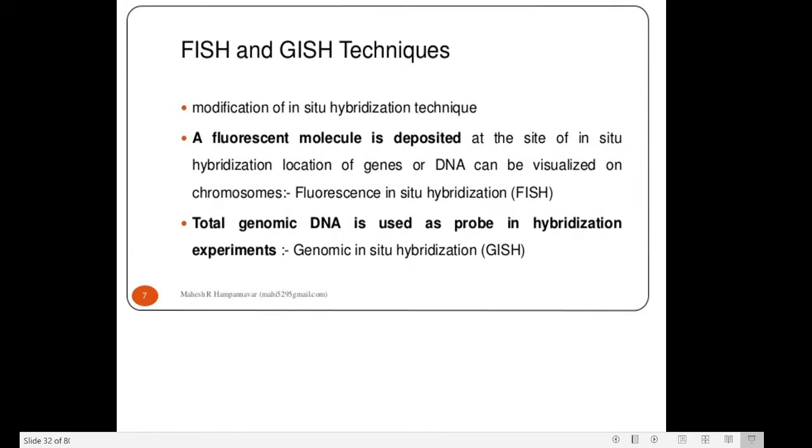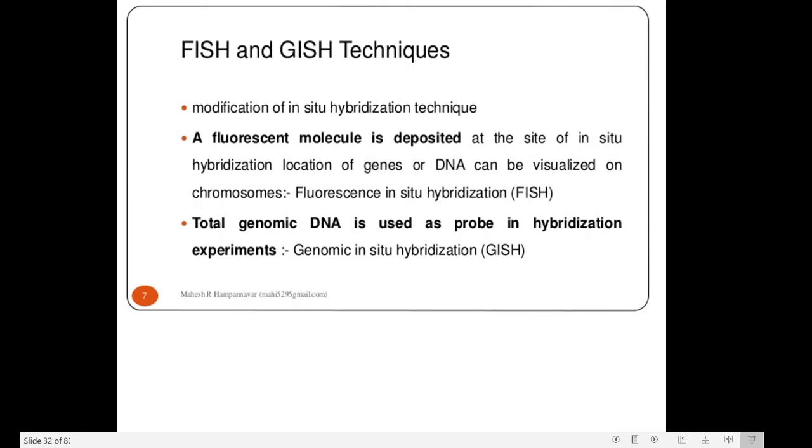And then another important technique is FISH and GISH. FISH means fluorescence in situ hybridization. Then another one is genomic in situ hybridization. In situ hybridization is a modified technique.